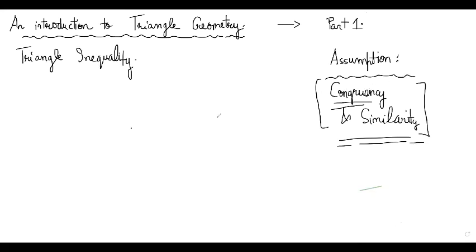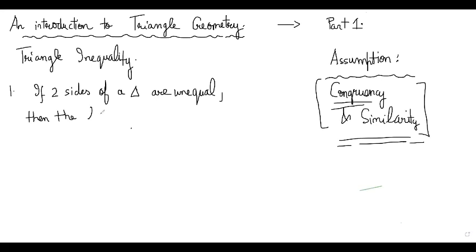So we'll start off with some very basic theorems. The first thing is, if two sides of a triangle are unequal, then the longer side has the greater angle opposite to it.